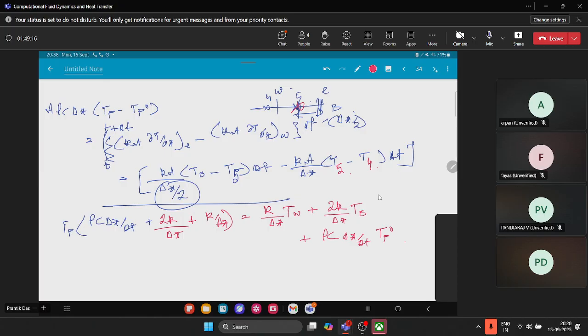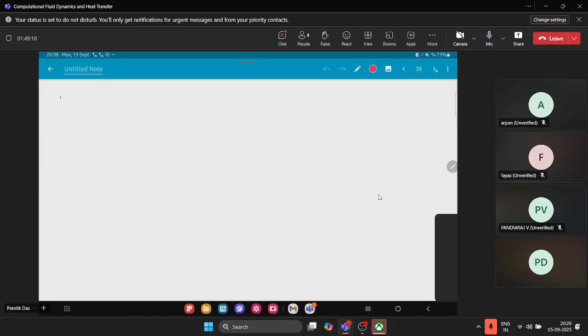So now if I go to the same table that I've drawn before, AP TP equals AW TW plus AE TE plus AP naught TP naught plus AC. AP naught equals rho C delta x by delta t. AP is basically equal to AW plus AE plus AP naught minus SP.